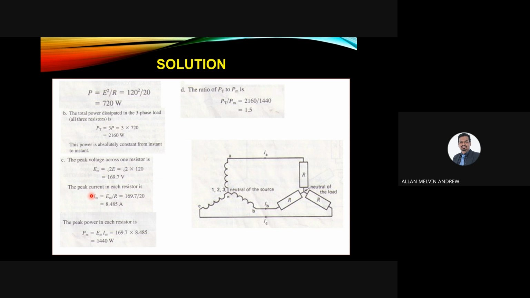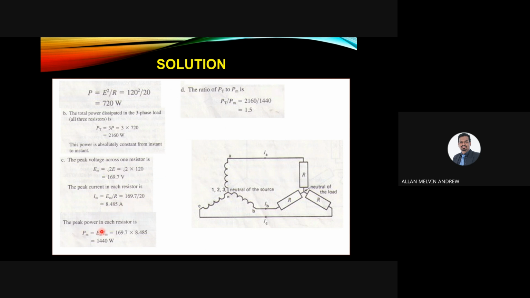The peak current in each resistor is IM equals EM over R, from the formula V equals IR. So IM is calculated as 169.7 divided by R, which is 20. So IM is 8.485 ampere.